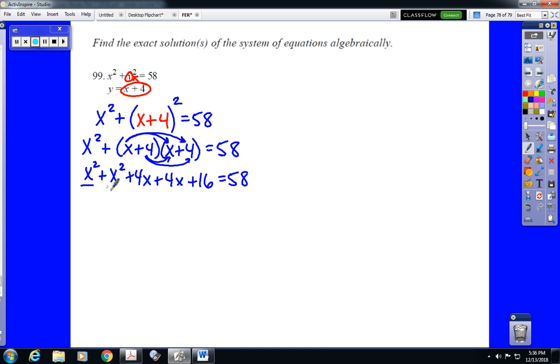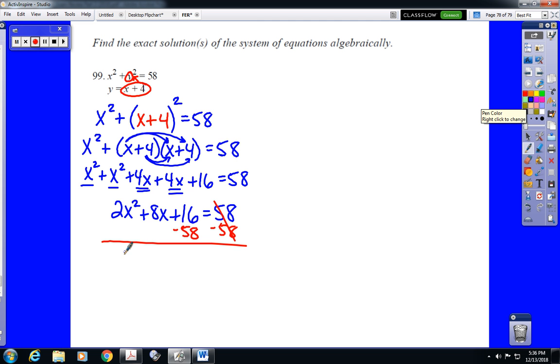We are then going to combine like terms, which would be 2x squared plus 8x plus 16 equals 58. If I want to solve, I need that to equal 0. So I'm going to subtract 58 from each side, which would give me 2x squared plus 8x minus 42 equals 0.